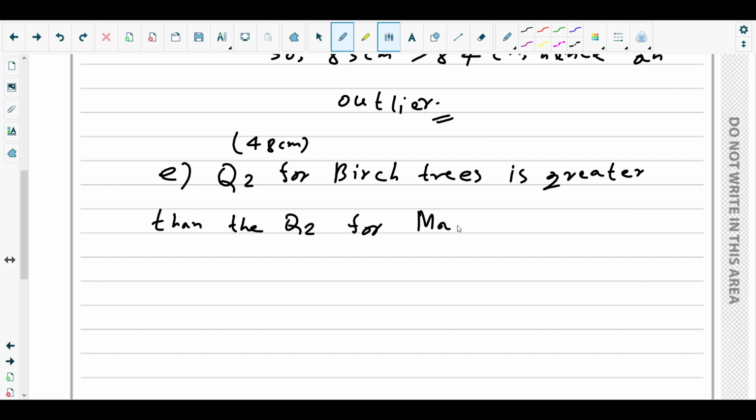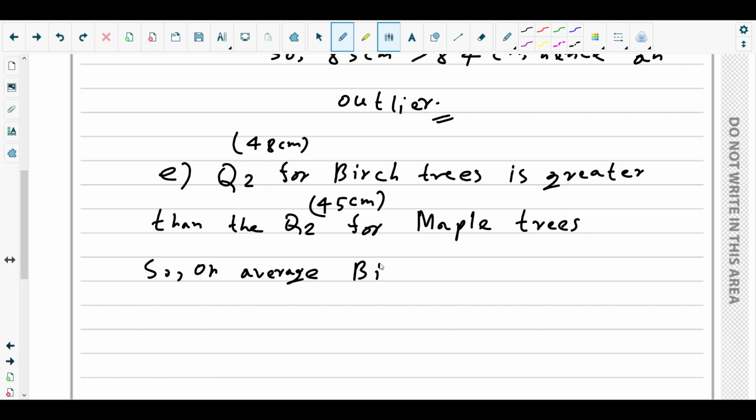For maple trees, right? That was how much? 45 centimeter, right? Okay. So on average, what?